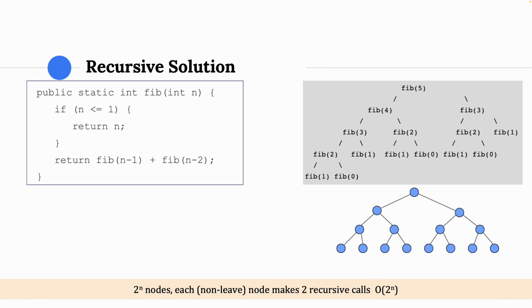because the total number of nodes here is 2 to the power of n, but every non-leaf node makes 2 recursive calls. And how many leaf nodes do we have here? 2 to the power of n minus 1. Therefore, that's going to be the most accurate one, right? Because I have 2 to the power of n minus 1 leaf nodes, and I have 2 to the power of n minus 1 non-leaf nodes in this tree.